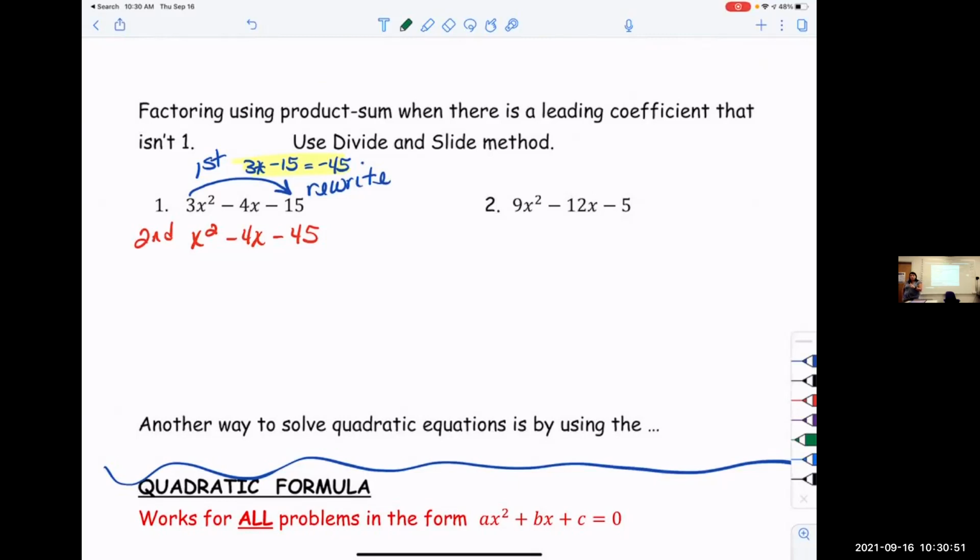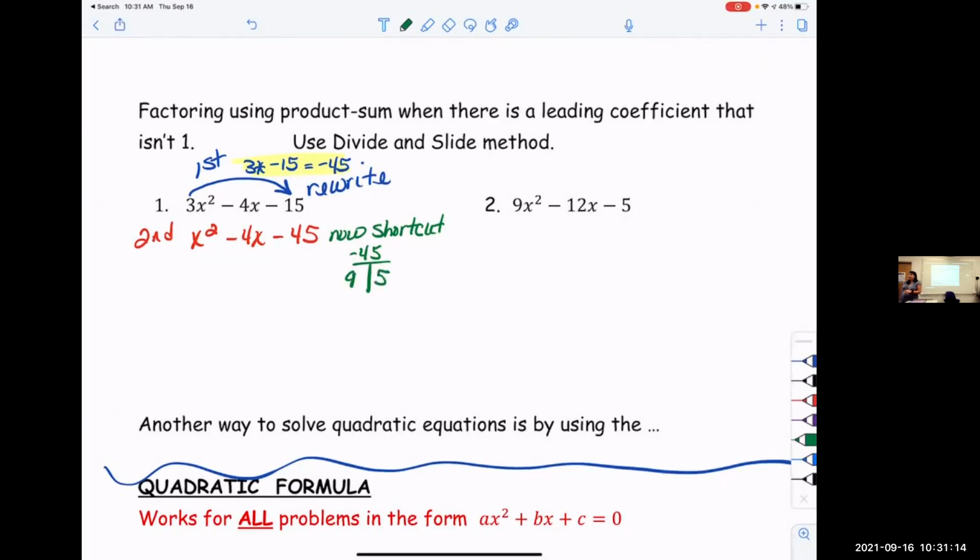All right, now we're going to do the shortcut. So we're doing the shortcut. What are factors of 45 that add or subtract to give me -4 or 4? 9 and 5.